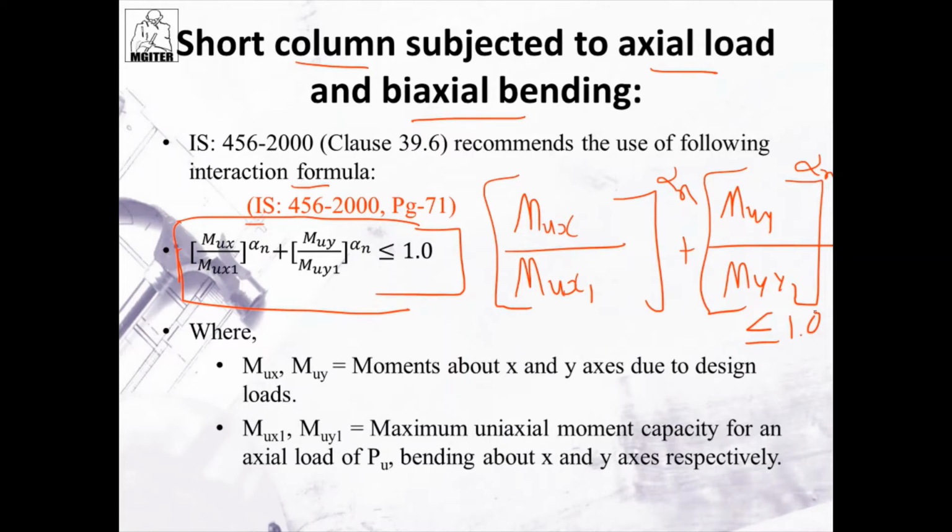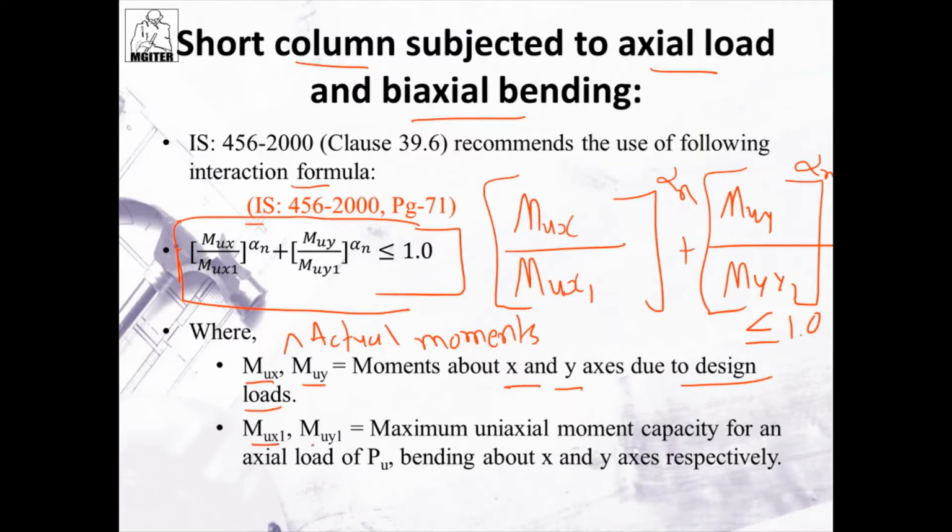By this equation we can check biaxial bending. MUX and MUY are the moments about the x and y axes due to design load. So these are the actual moments which are applied on the column.